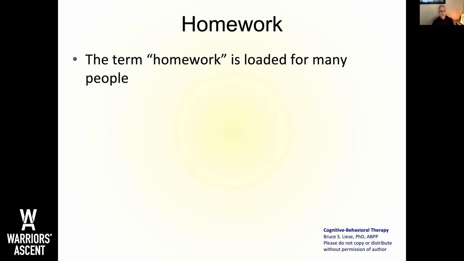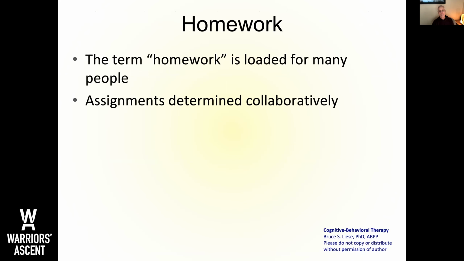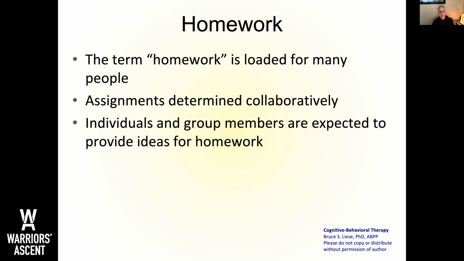So homework is essential for many people who get counseling, but the word homework is ugly. Assignments need to be decided between the patient and the therapist. Like, what are you ready for?